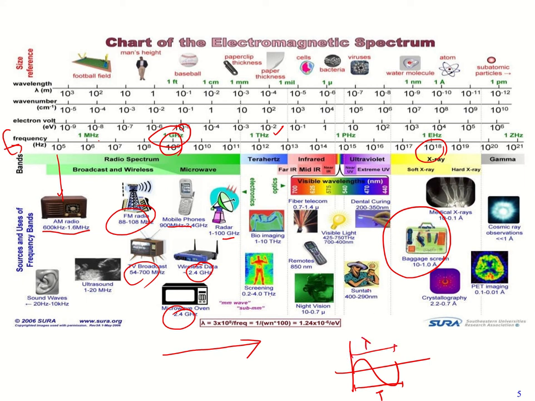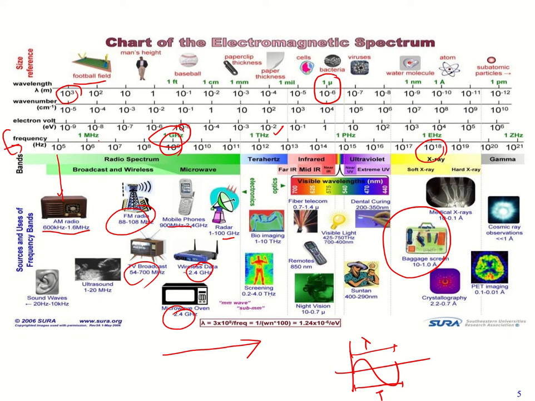So in the hertz range, we have a wavelength of, for example, 10 to the power 3 meters, like a football field. As we move higher and higher, here for example we get a wavelength of 1 micrometer, 10 to the power minus 6. So the wavelength is decreasing with the increase in frequency.